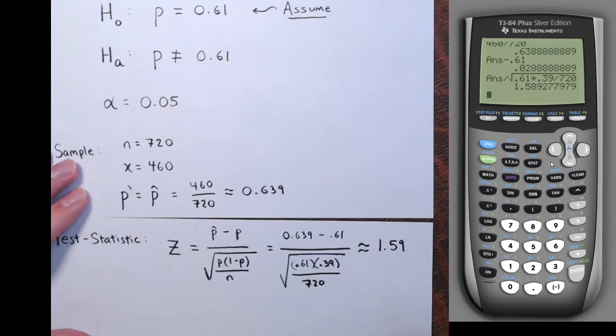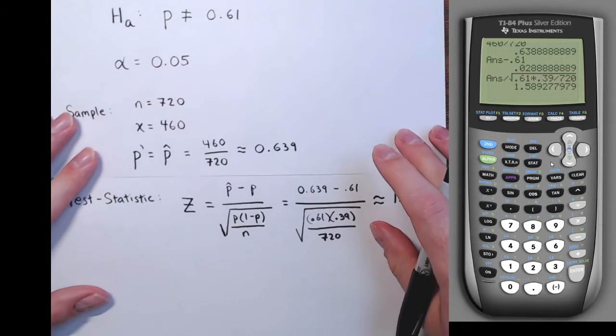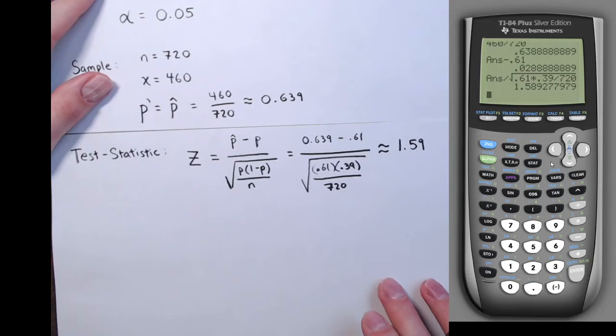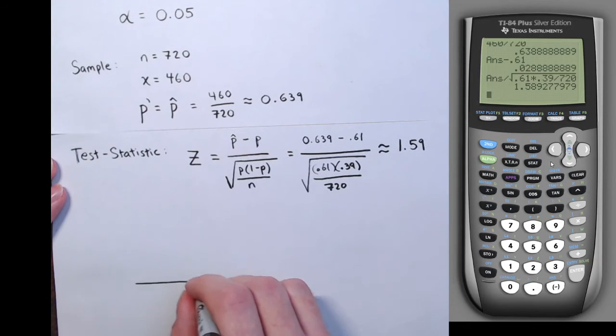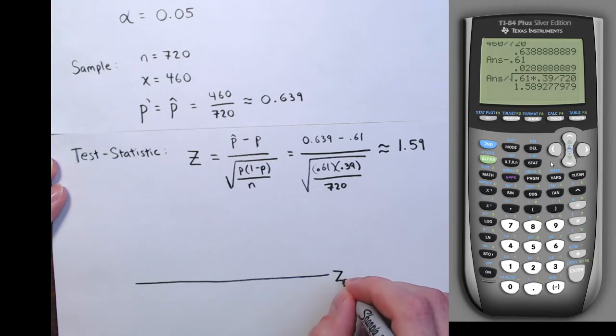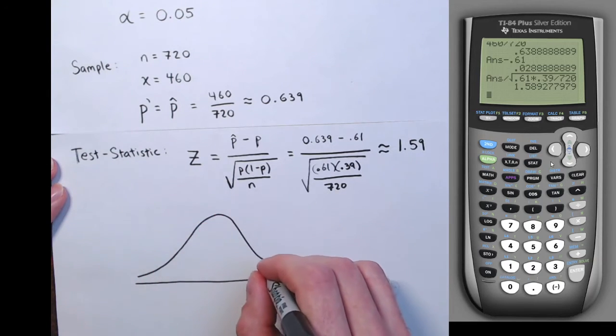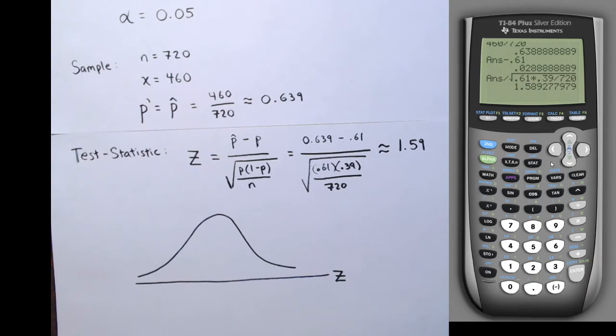Alright. And then I'll draw a picture of a standard normal z distribution with that bell-shaped symmetrical curve. So z-score is on the horizontal axis, with a nice bell-shaped symmetrical distribution curve above it.